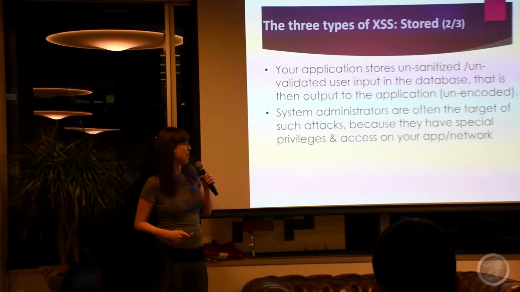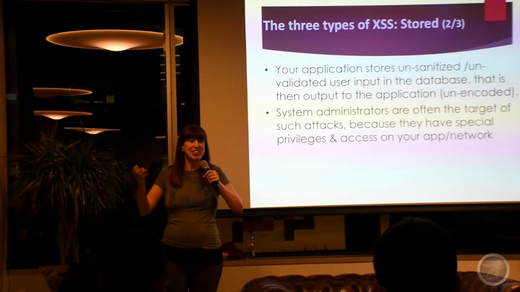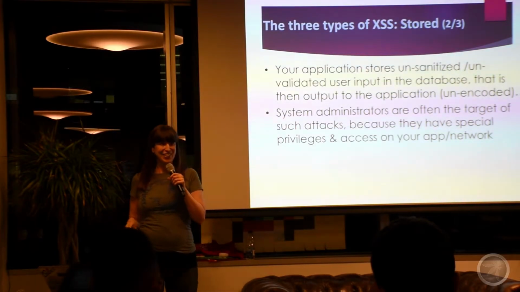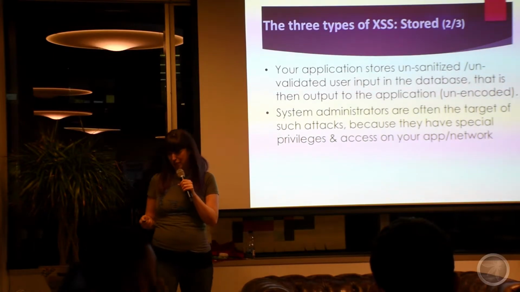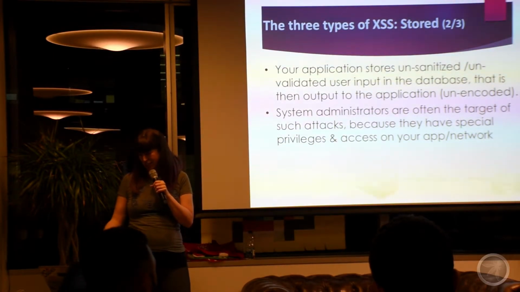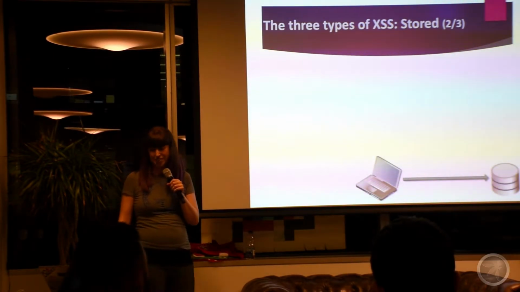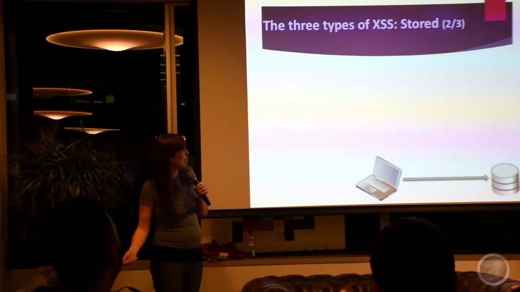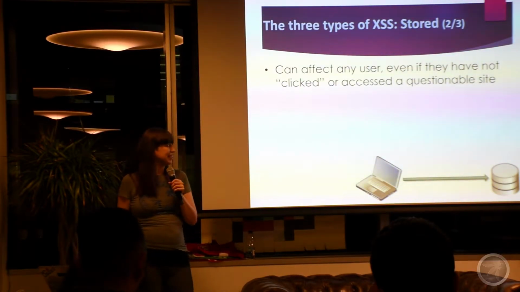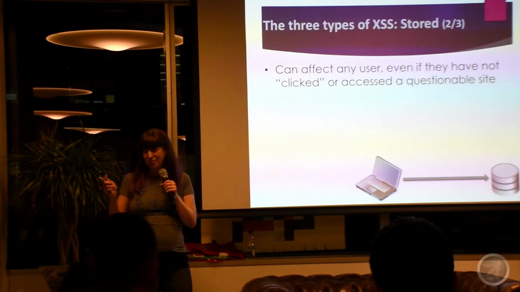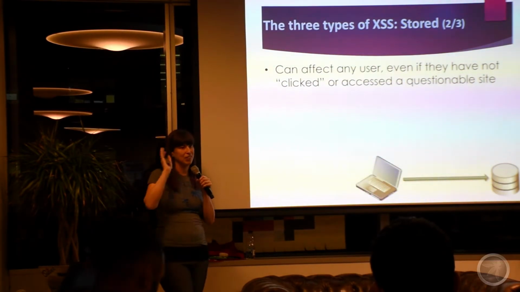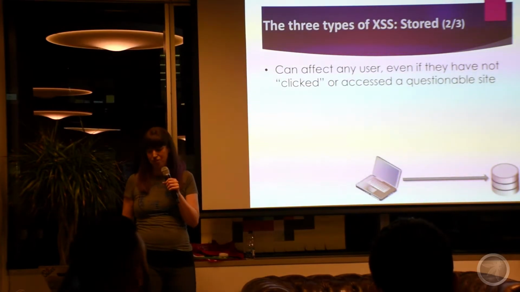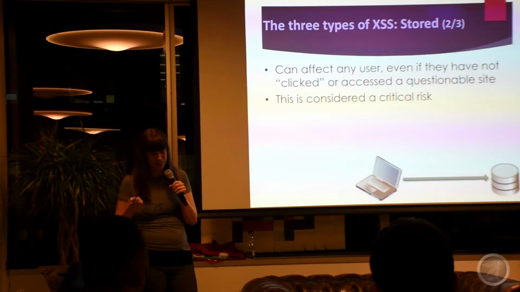System administrators are often the targets of attacks like this because they have all the power. They're the best types of people to attack, not because they deserve it, but because they're powerful. Just to reiterate, for the first one, a user has to click somewhere. For this one, because it's stored, the user didn't do anything wrong, and it's considered critical.